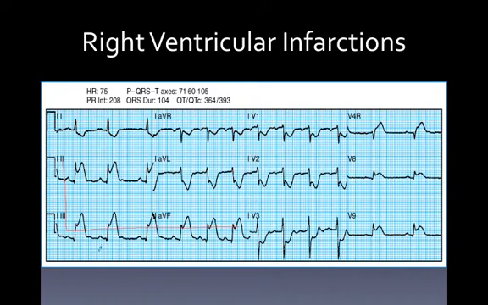In the inferior wall presentation, if there is more ST segment elevation in lead 3 than you have in lead 2, please look right. Please do a right-sided 12 lead on these individuals. This person here does have a V4R, and they are having a confirmed right ventricular infarction.